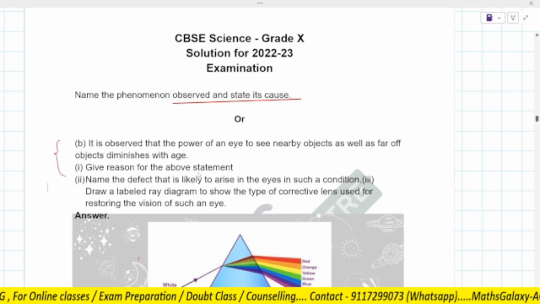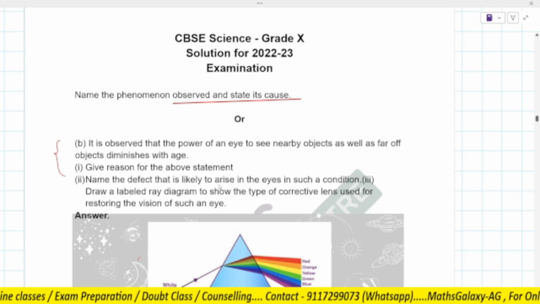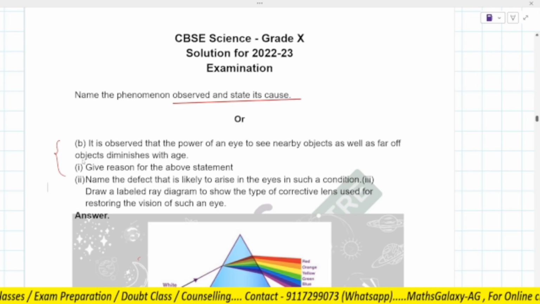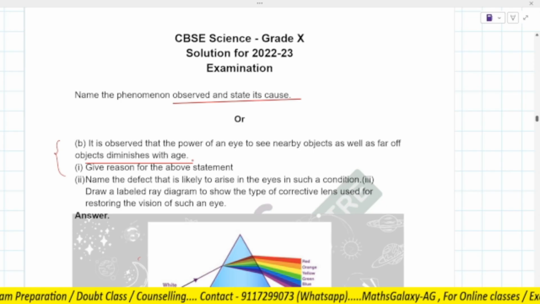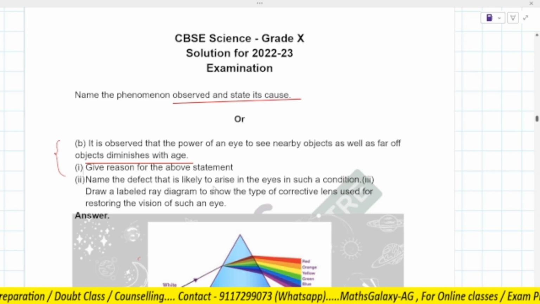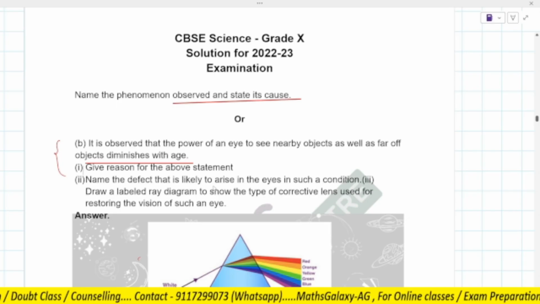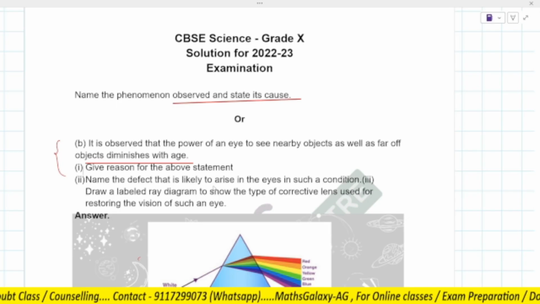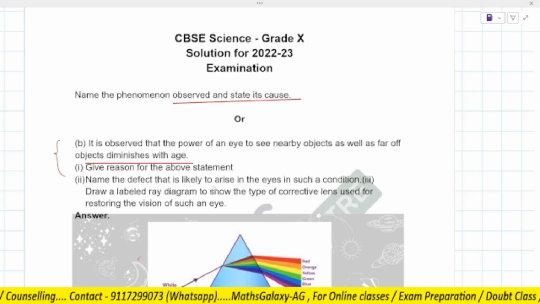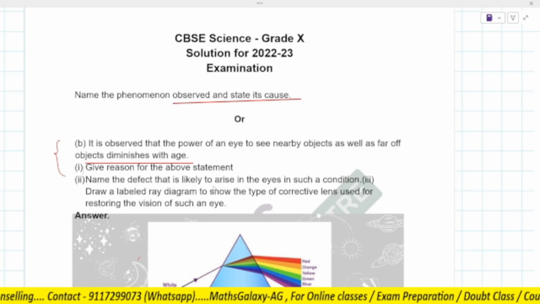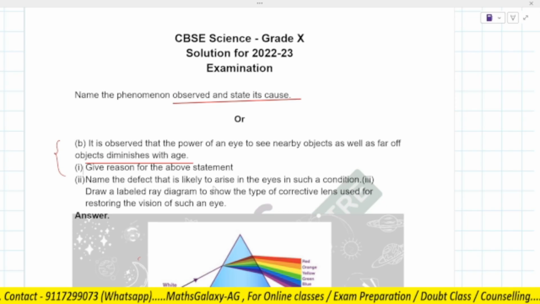It is observed that the power of an eye to see nearby objects as well as far objects diminishes with age. Give the reason for the above statement. It is due to presbyopia, or we can say it is due to the weakness or the change in the lenses, है ना?